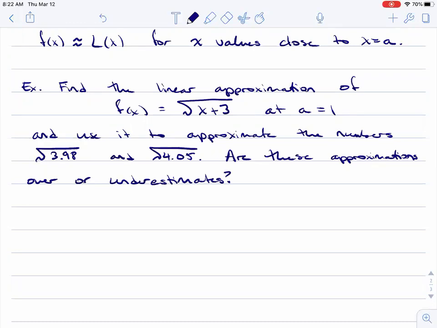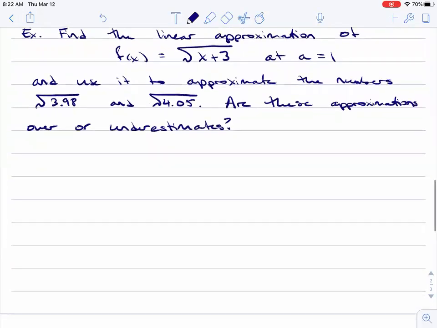That's going to depend on what our curve looks like at A. If we've got a curve that looks like this, and A is here, then my linear approximation is always going to be slightly above the actual curve.